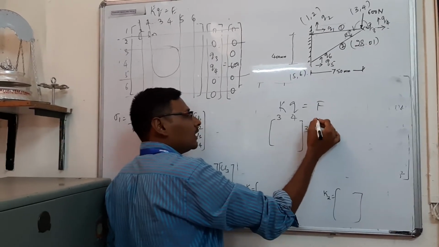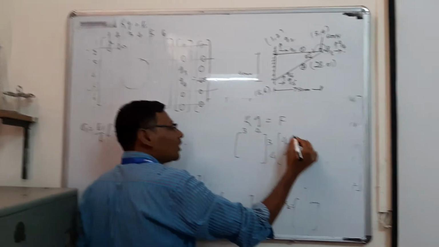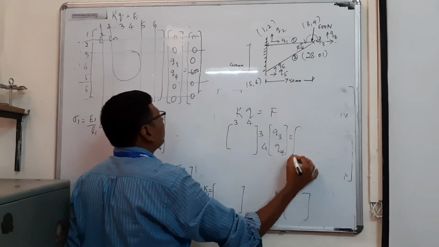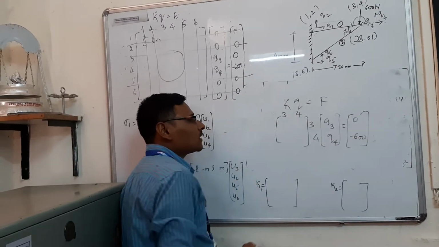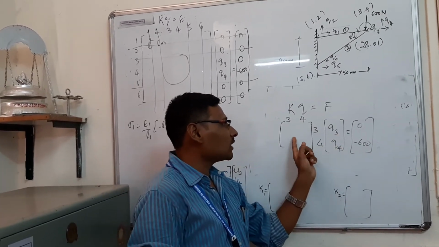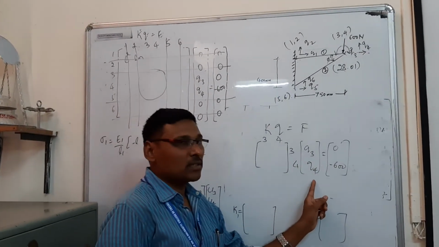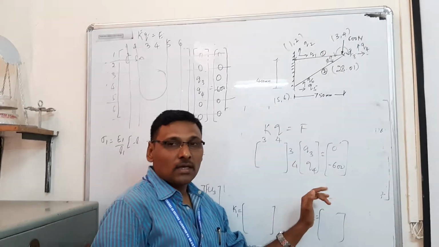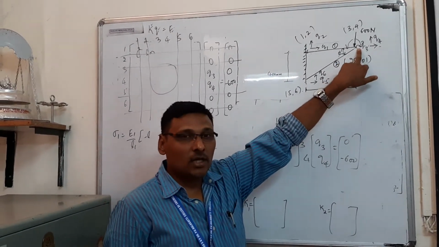Then Q3 and Q4 is equal to F. F is 0 and minus 600. So this is the reduced global stiffness matrix. From this we will calculate by using matrix multiplication the values of Q3 and Q4. You got the deformation which is going to occur at the second node.